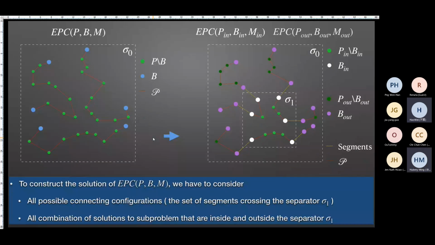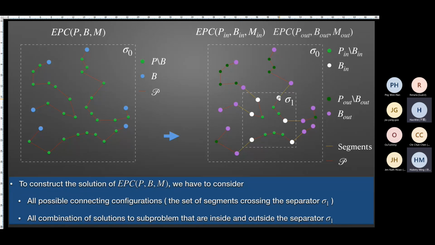So given an instance of Euclidean path cover with input P, and so on, we could divide the instance of EPC into 3 parts.